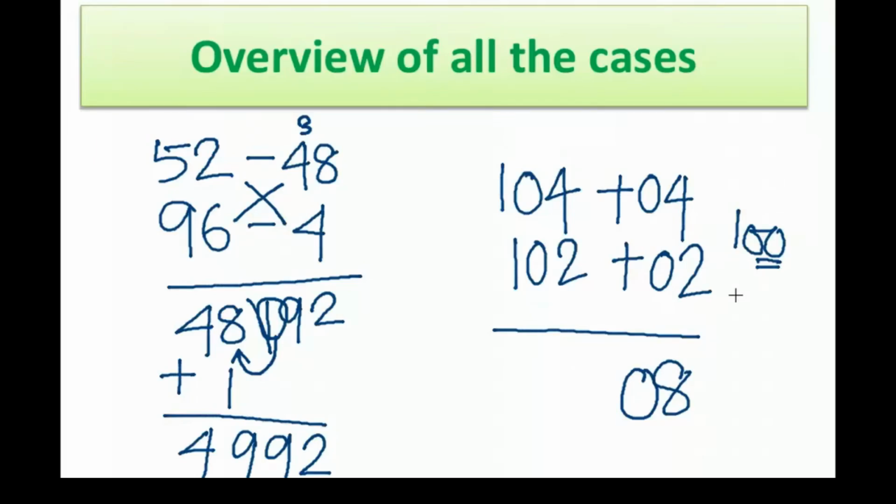If it is less than 2 digits, put a 0 on the left side. If it is more than 2 digits, then carry forward the leftmost digit to the left side. Either I do 104 plus 2 or 102 plus 4. Whatever I do I get 106, so the answer is 10,608. You can cross-check all the multiplication that we have done as part of this using the calculator.